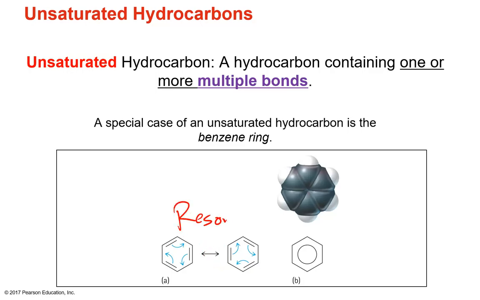It's the same shape, but where the double bond is differs. What actually happens is the double bond is constantly shifting around. So they draw this structure on the right for the benzene ring, that hexagon with the circle inside, which means you have three double bonds that are constantly moving around.